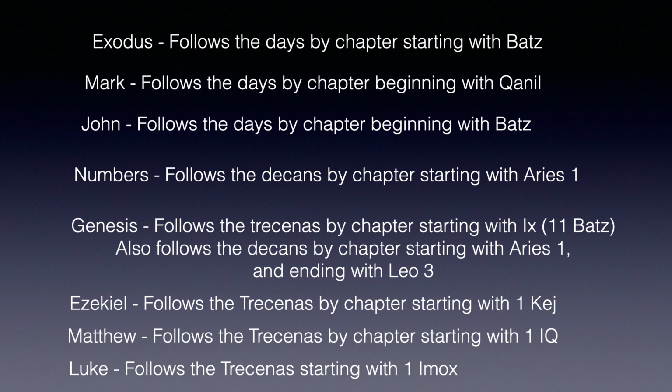Ezekiel follows the Trecenas by chapter, starting with One Kej, and again, Kej is the day of the astrologers. It's the day of the four corners of the universe. It's the day of position. It's also a very spiritual day.